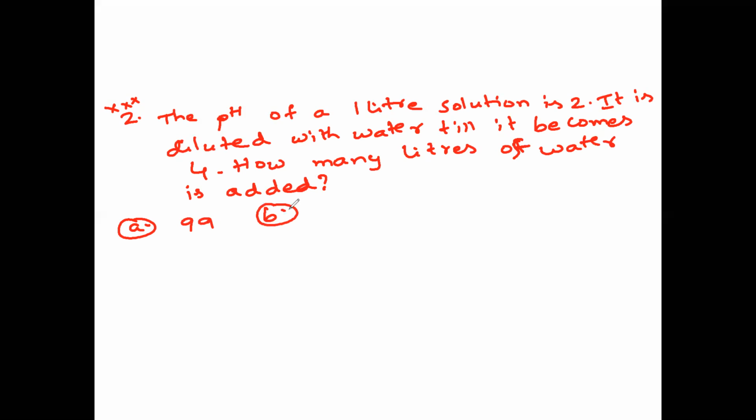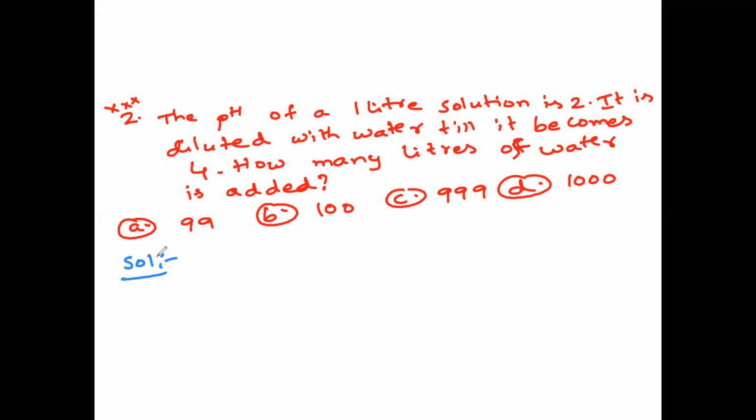Option B, it is 100 liters. Option C, it is 999 liters. And option D, it is 1000 liters. So, you know pH upon dilution, so we have to apply the same for dilution. Let us see the solution now.